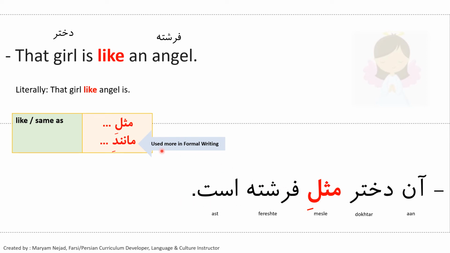Or we can also use مانند and say آن دختر مانند فرشته است. The informal of آن is اون and فرشته است is فرشته است. Because it's like we drop the silent he and you put a short vowel a on the letter t, and this one also we drop it and we combine it and it becomes فرشته است. So اون دختر مثل فرشته است.